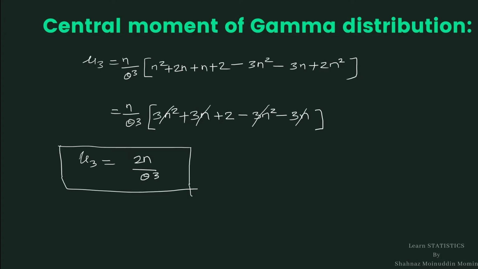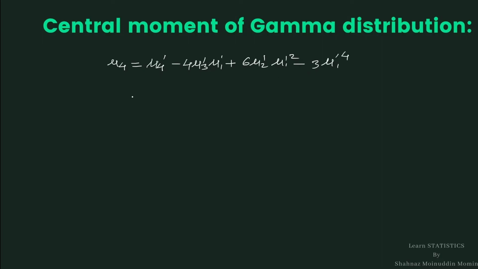Now we use the fourth relation to obtain the fourth central moment. Mu 4 is equal to mu 4 dash minus 4 mu 3 dash mu 1 dash plus 6 mu 2 dash mu 1 dash square minus 3 mu 1 dash raised to 4.